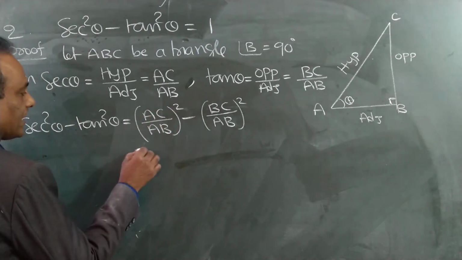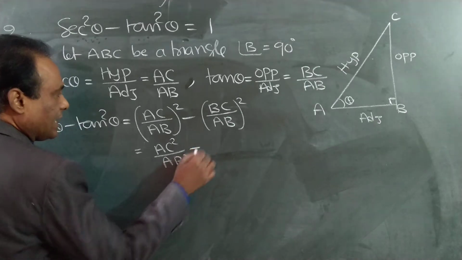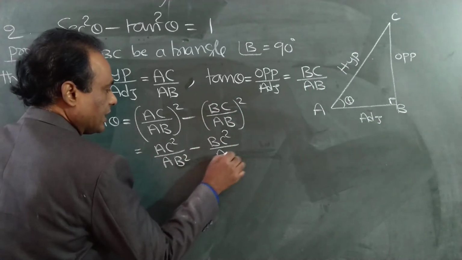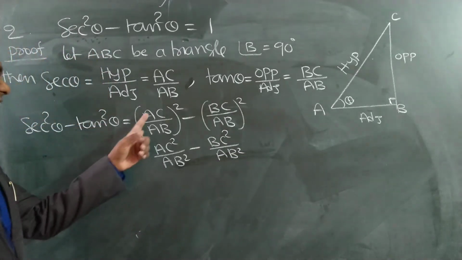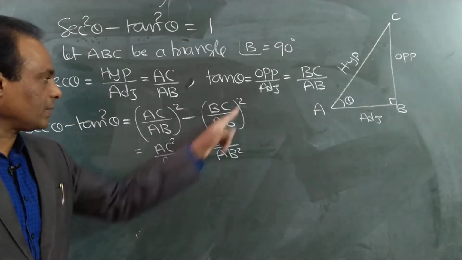The square applies to numerator and denominator: AC square by AB square minus BC square by AB square.